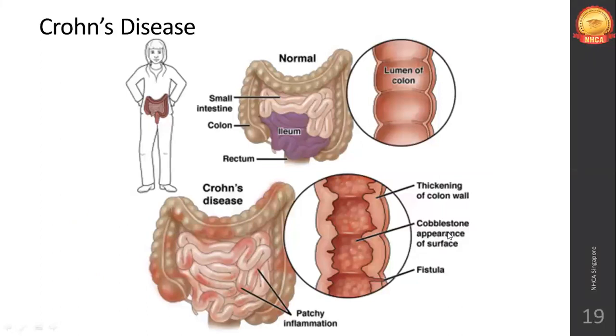Next, we have Crohn's disease. In Crohn's disease, it's inflammation, but it's usually patchy inflammation. When a part of the intestine is getting inflamed, it's usually the ascending colon, transverse colon, descending colon, or the sigmoid colon.